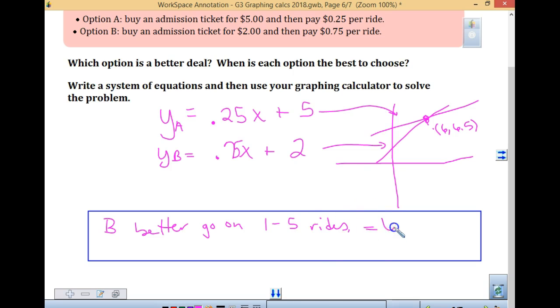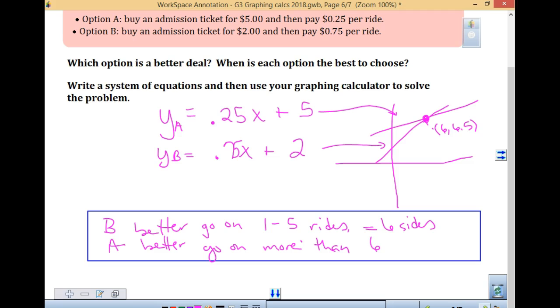It's equal at 6 rides, doesn't matter which option you choose. And A is better if you go on more than 6 rides, right? 7, 8, 9 rides, because at 6 rides, they were exactly the same, okay?